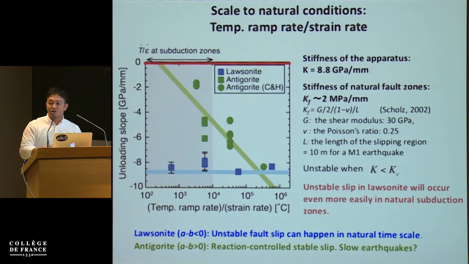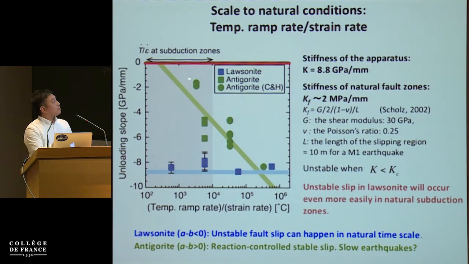So our lab condition covers the natural subduction zone condition in terms of ramp rate over strain rate scale. For lizardite, we always have unstable slip. This means even in a natural subduction zone, we must have unstable slip in lizardite. But for antigorite, we have this kind of slope.